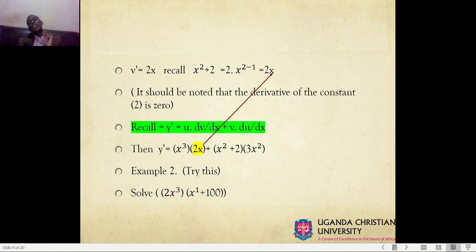Alright, so we are now going to substitute what we've calculated into our formula. Recall, we needed the derivative of u, which we've gotten, and the derivative of v, which we've also gotten.